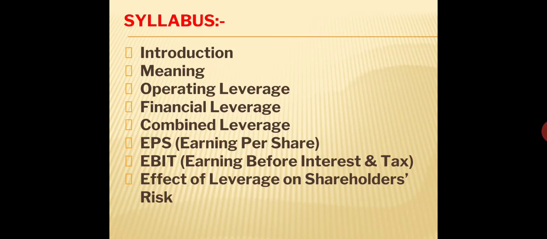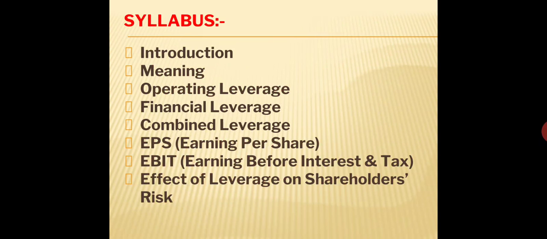And the third one is not actually a type, but it is the combination of operating leverage and financial leverage, and that leverage is known as combined leverage. So basically there are only two types of leverage. Again I am going to repeat: the first one is operating leverage and the second one is financial leverage.